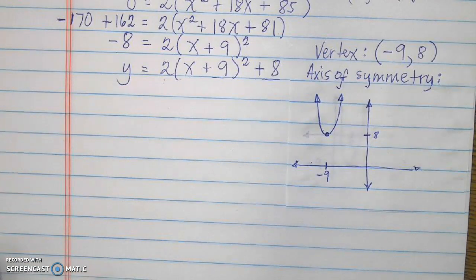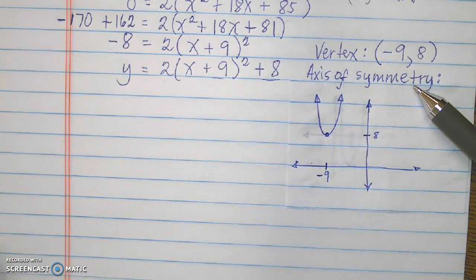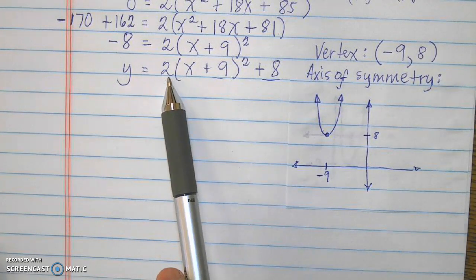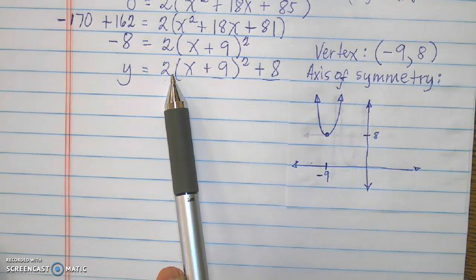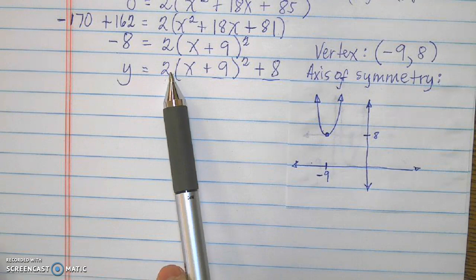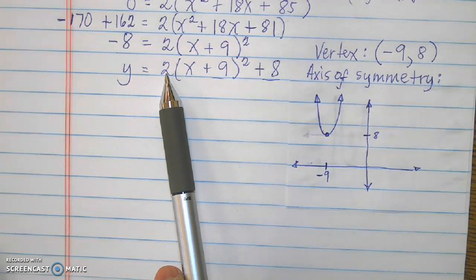After getting the vertex, I added another piece of information, which is now the axis of symmetry. So just roughly graphing how this graph looks like. First of all, I know that it opens upward because your a is positive. And I know that your graph is narrower than the parent function because it's being vertically stretched.